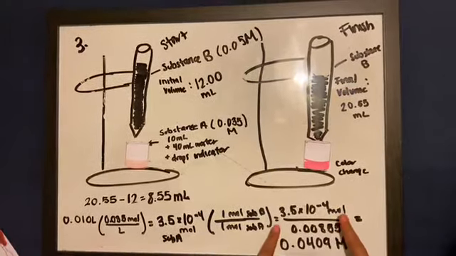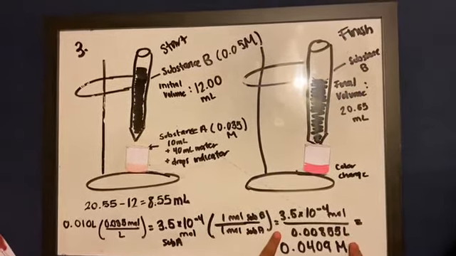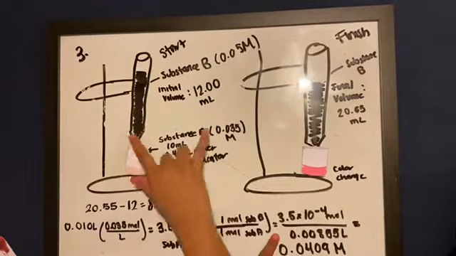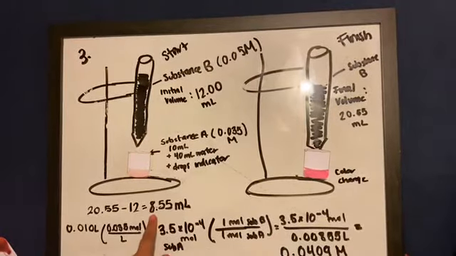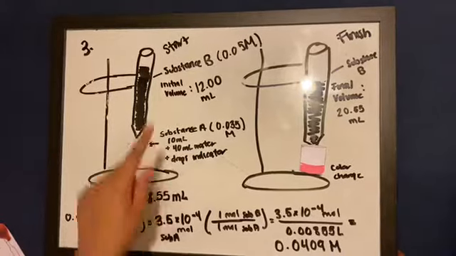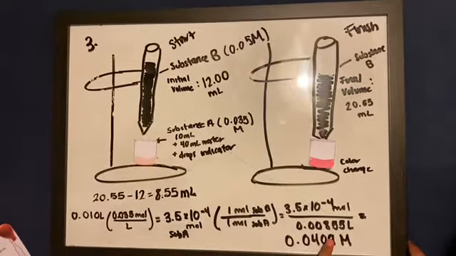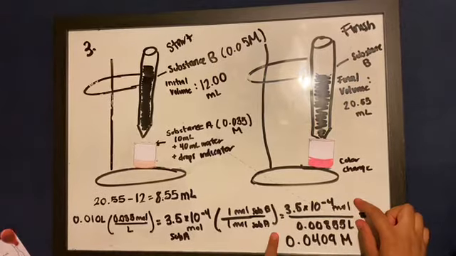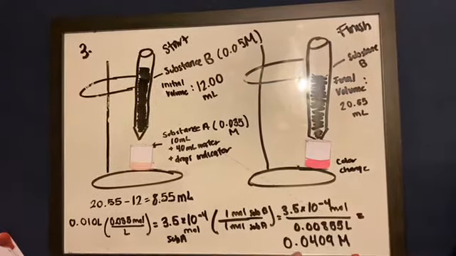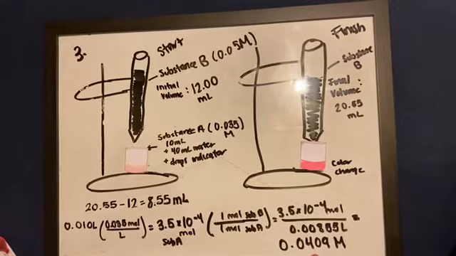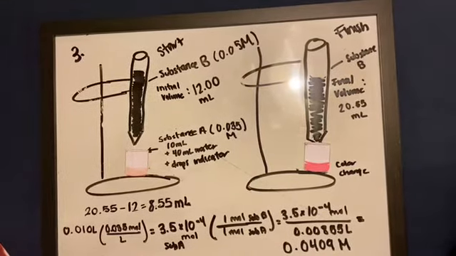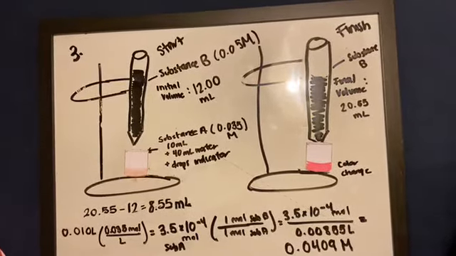And from there, it stays the same, and then we divide it by the amount of liters that we titrated it by. This is 8.55 milliliters of substance B titrated into substance A, which is 0.00855 liters. And after finding the answer to this to be 0.0409 molarity, that is our concentration of substance B.